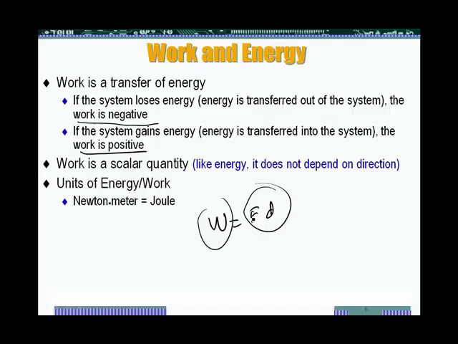That's absolutely right. Except here this product, F times D, is a special type of product that we call a scalar product. We are not going to get into that here, but in a scalar product you multiply two vectors and get a scalar. A scalar product is the product of two vectors whose result is a scalar.